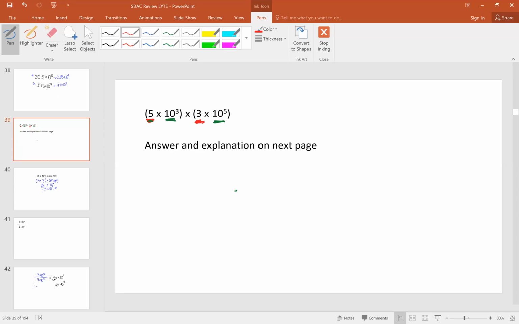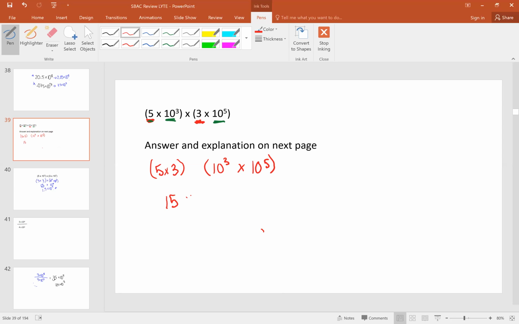So if I have that, I'm going to have 5 times 3, and then I'm going to do 10 to the 3rd times 10 to the 5th. Okay? And remember, you can have a calculator for these, but this one is particularly easy, so you don't actually need a calculator, because 5 times 3 is 15.